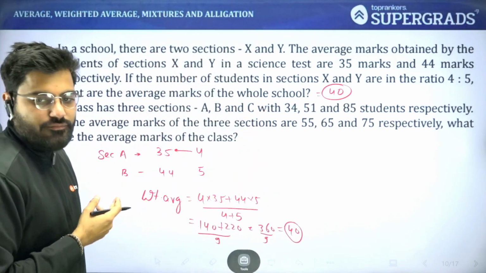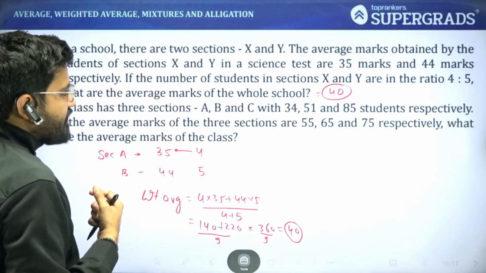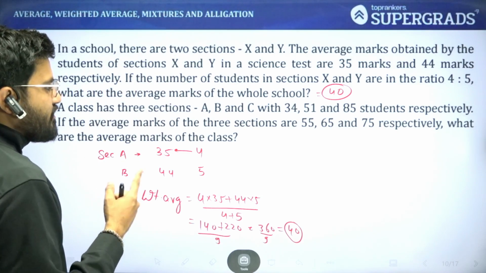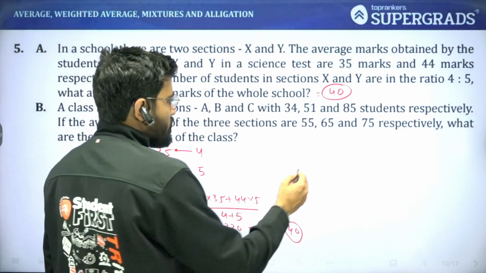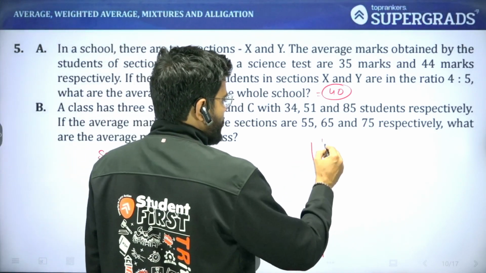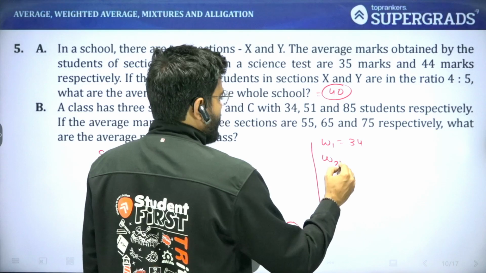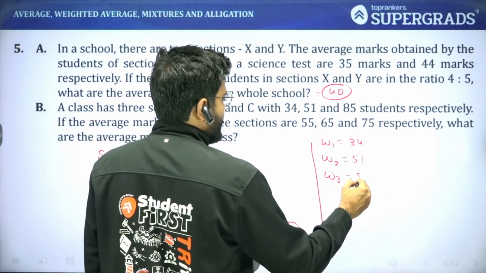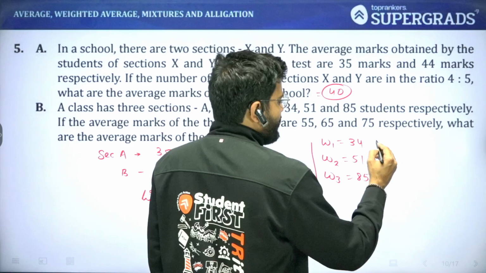Is that clear? In the next one, what they are saying: a class has three sections A, B, C with marks this, and this. If the average marks of the three sections are this, and this, what is the average marks of the class? So here also, the students' weightages are given: 34, second का weightage is given as 51, and third का weightage is given as 85. So rather than using these complicated numbers, I just simplify it with the ratios.